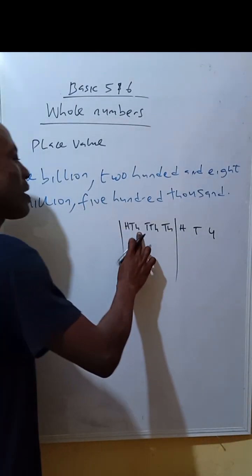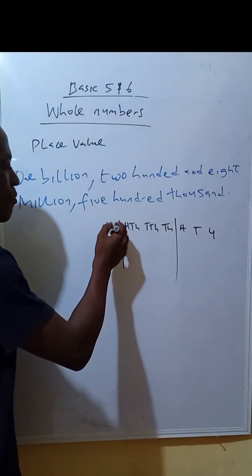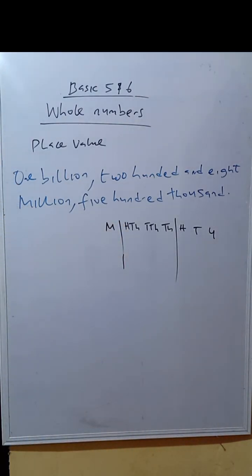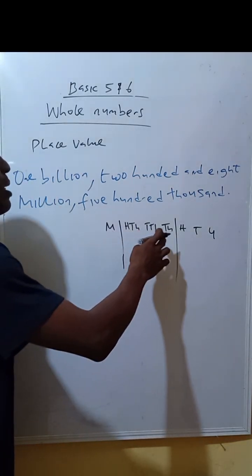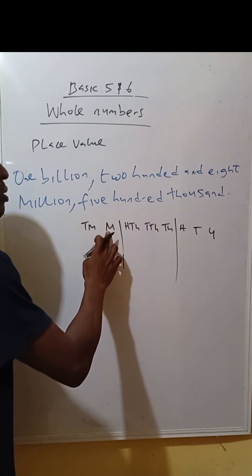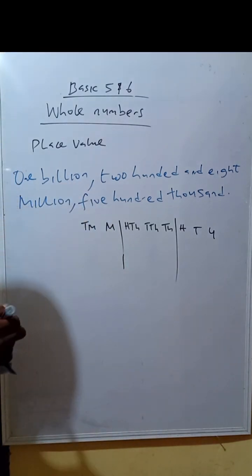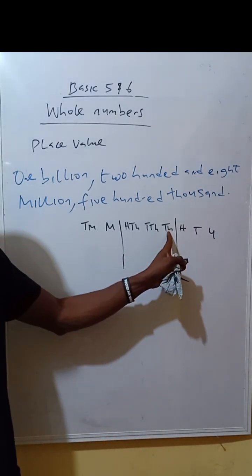Then after 100,000, you go to million, which I jokingly call 1,000,000. Then you have 10 million, 100 million. Please take note of this: after million, you don't say 1,000 million.